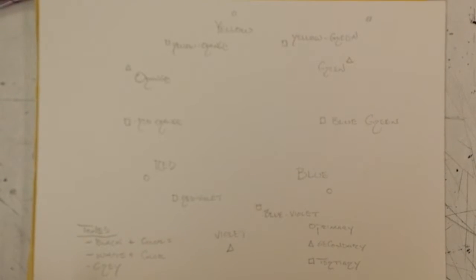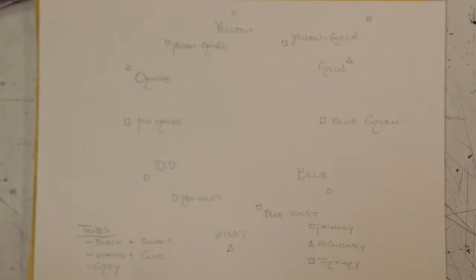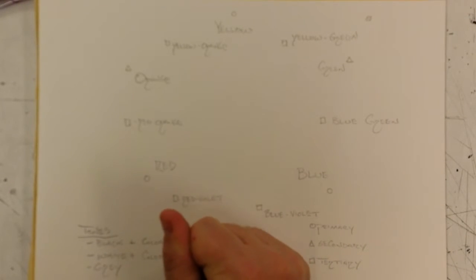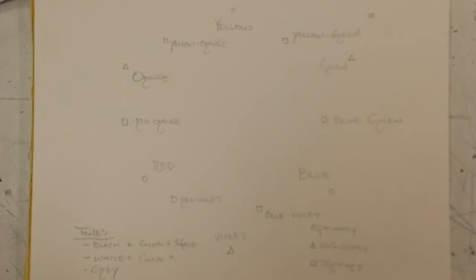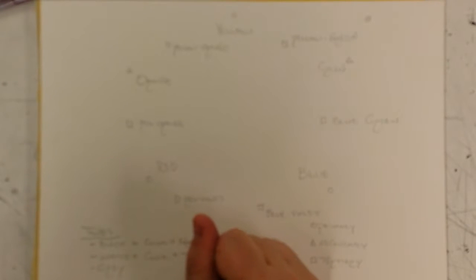When you add black to a color, what is this called? Shading! That's right! Shading means to add black. So therefore, shade. What happens when you add white? Tint. Very good. It's not car windows.